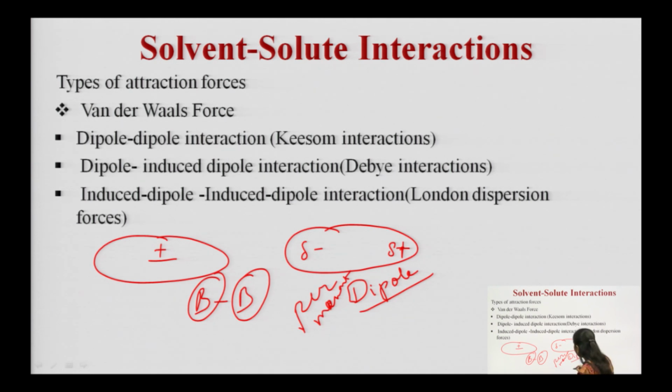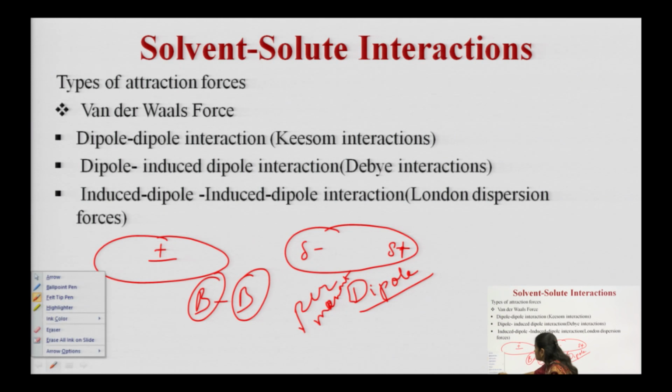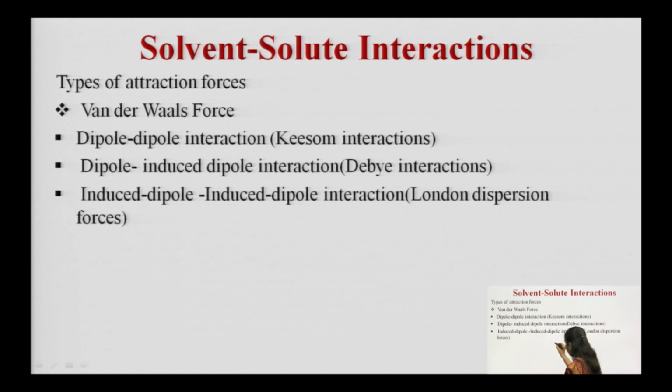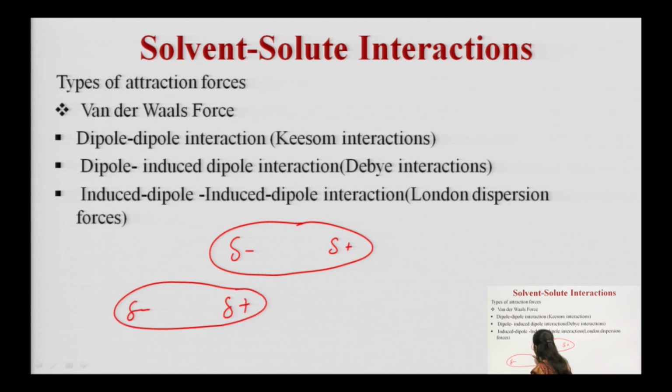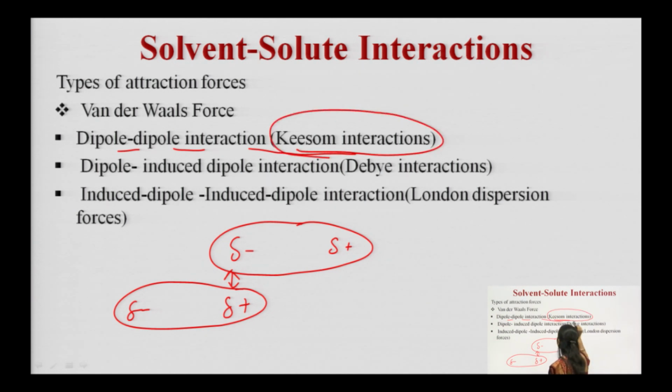Now, the attraction force which exists between two permanent dipoles is known as dipole-dipole interaction, and it is also called Keesom interaction.